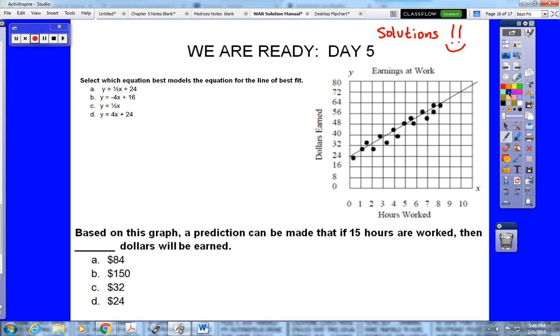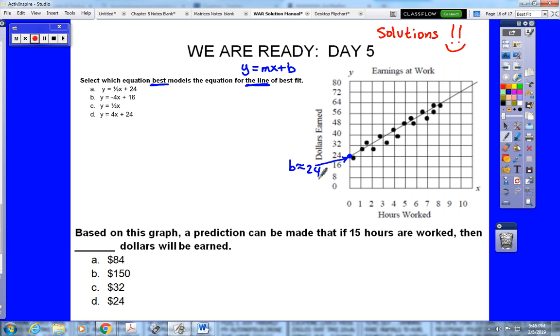And they ask us, first question, which equation best, that's keyword, best models the equation for the line of best fit, which instantly, as soon as we see the word line, we should think mx plus b. So b is your y-intercept. Let's look at where the y-intercept is located. That y-intercept is about 24.